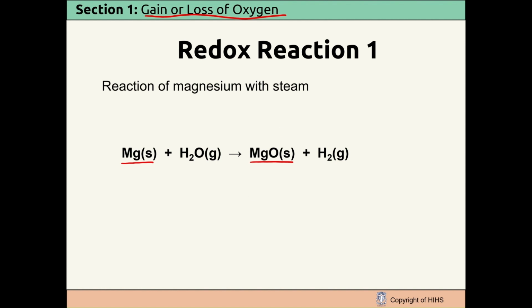Magnesium oxide as the product has oxygen. So it's very obvious here. Magnesium gains oxygen to form magnesium oxide. Gaining of oxygen, we already established earlier, is oxidation. So this is oxidation.